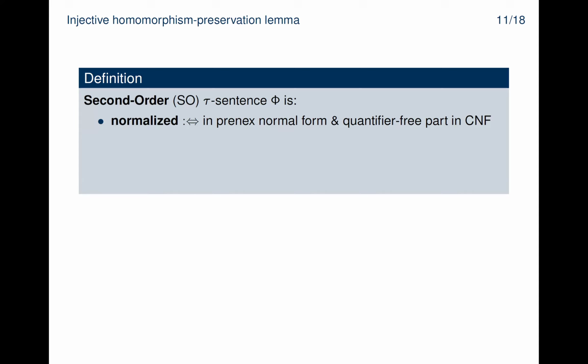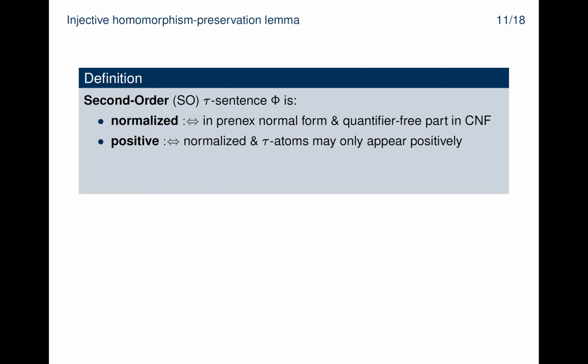So this just means that we have a sequence of second-order quantifiers, then we have first-order quantifiers, and then we have a quantifier-free part. And now we want that this quantifier-free part is in conjunctive normal form. So it should be a conjunction of disjunctions of literals. So it's a very polished way to present a second-order sentence.